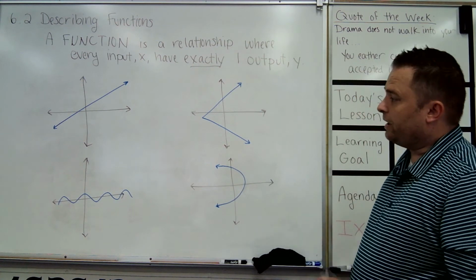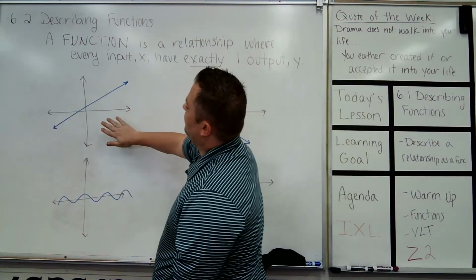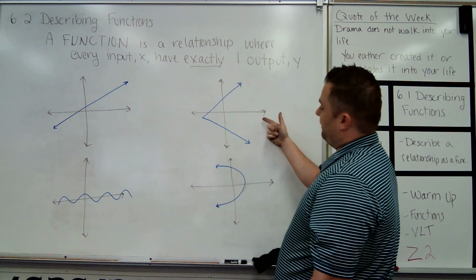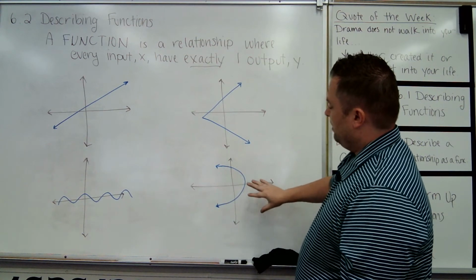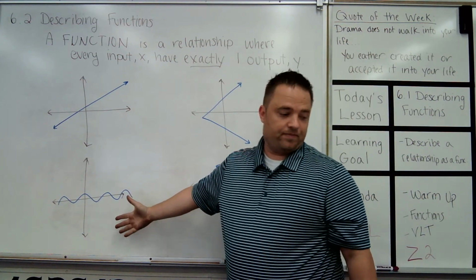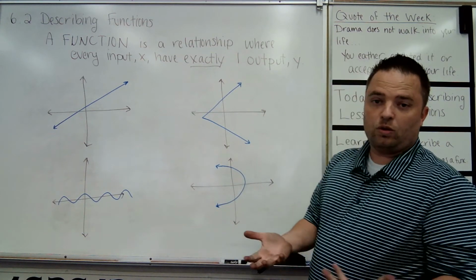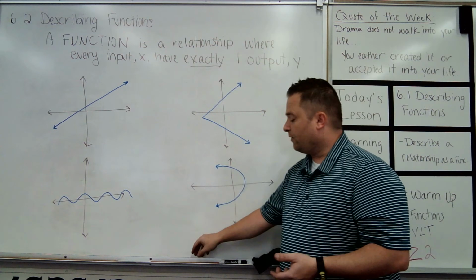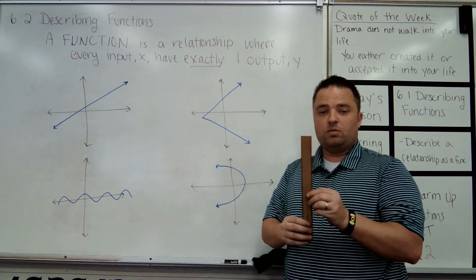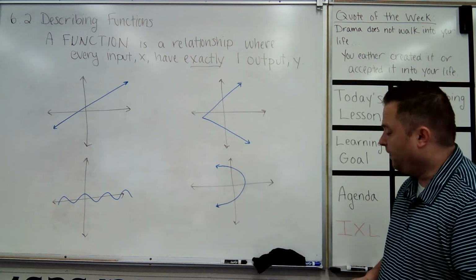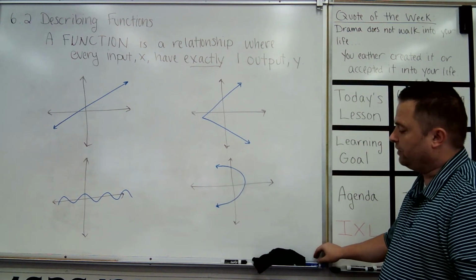We can all agree that this one is probably the nicest of the graphs. This one definitely looks weird. This one looks weird, and that one looks absolutely nuts. But we only want to know whether it is a function or not. So we're going to use our vertical line test, meaning our little mini ruler, to decide whether these are functions or whether they are not functions.